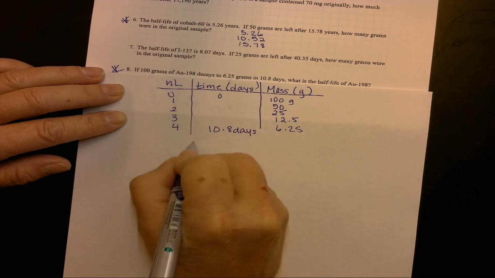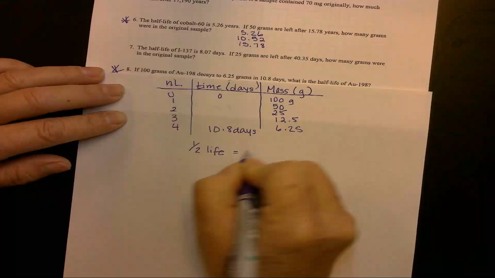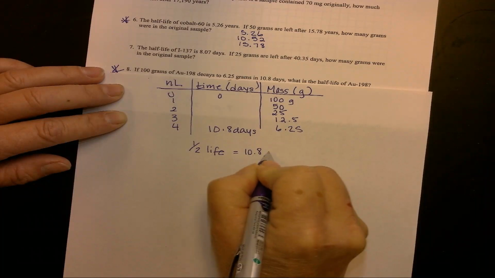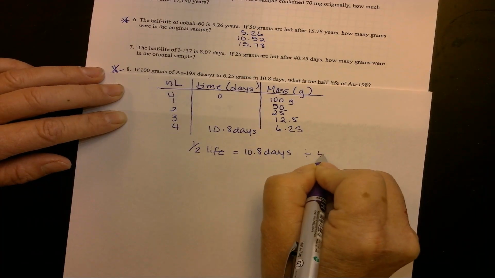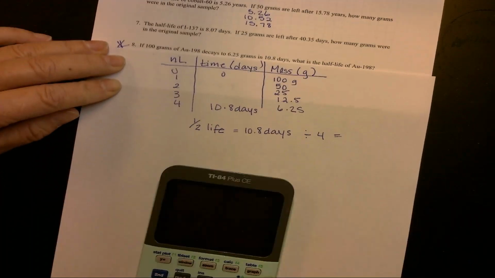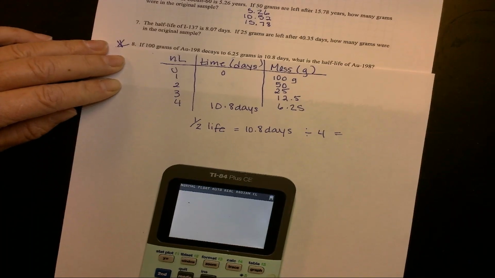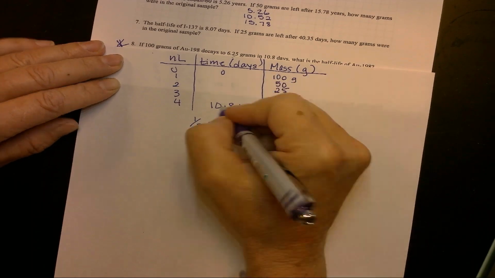Now, to find the half-life, it equals 10.8 days divided by 4. So I take my calculator and do 10.8 divided by 4, and that equals 2.7.